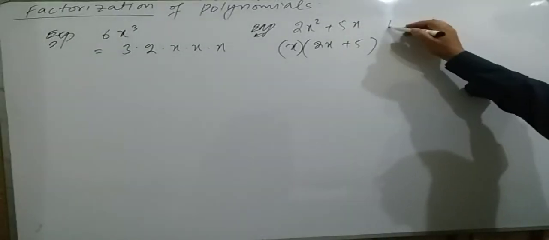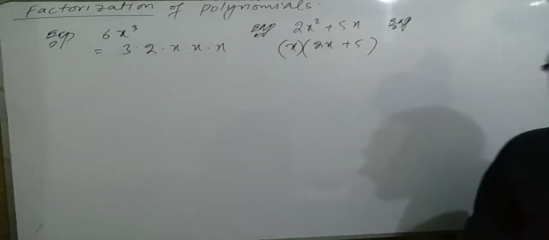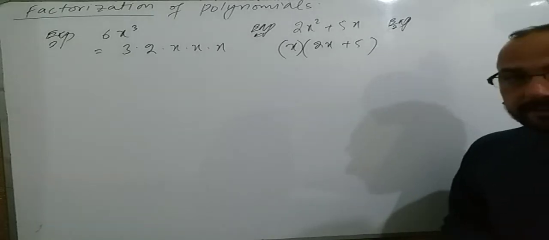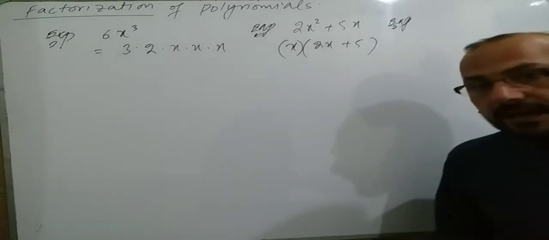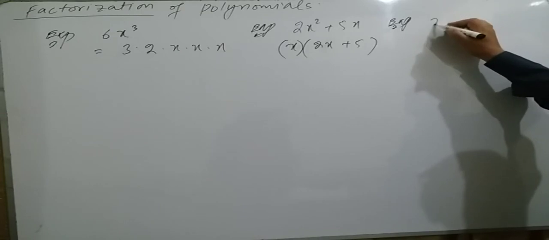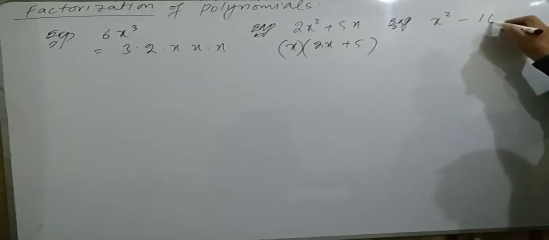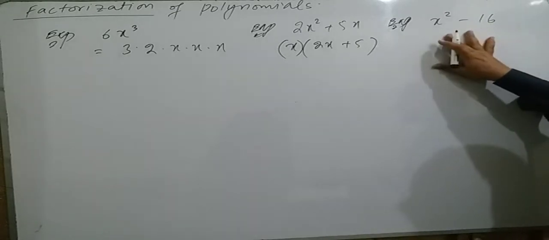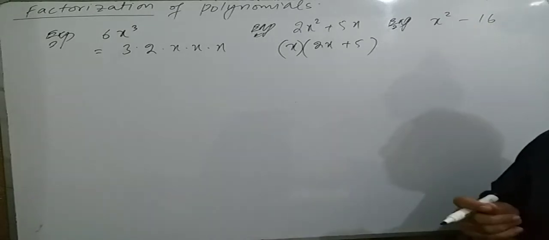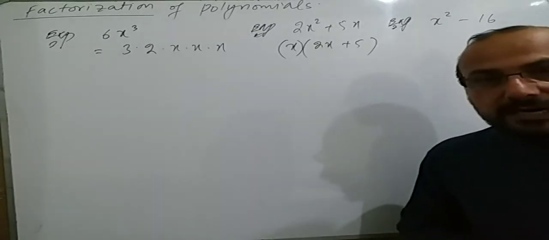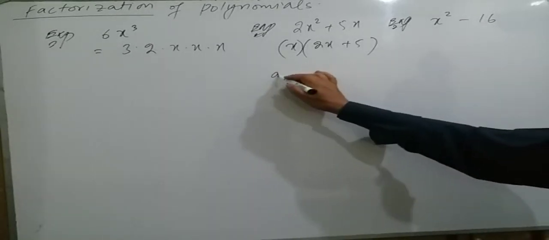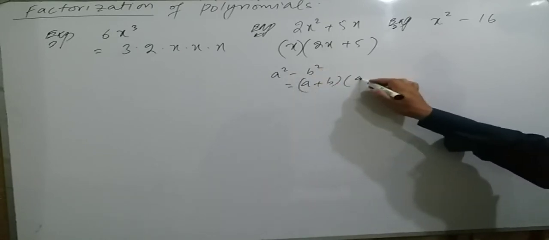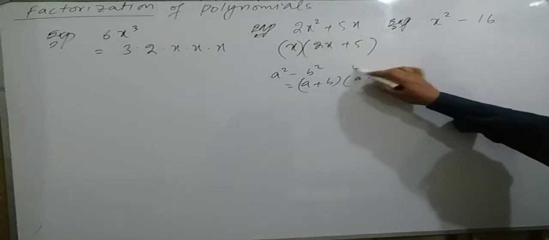But if we have uncommon conditions, meaning we don't have any common elements, for example x^2 - 16, how can we make the factors? For this we need a specific formula called the difference of squares: a^2 - b^2 = (a + b)(a - b).